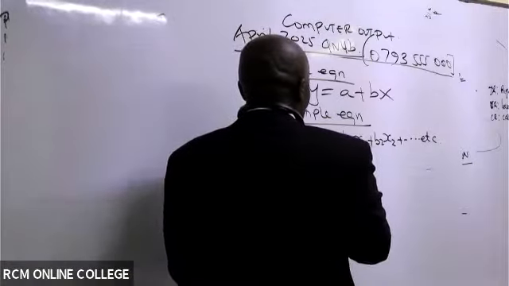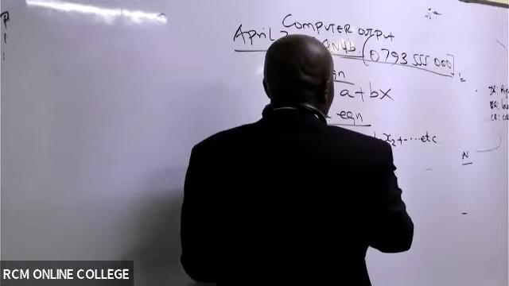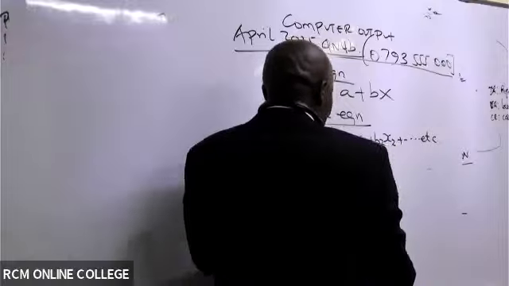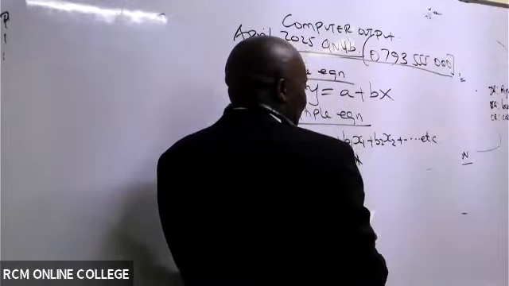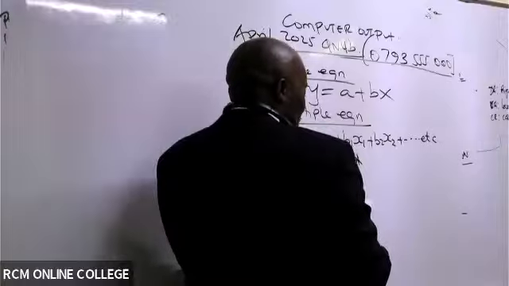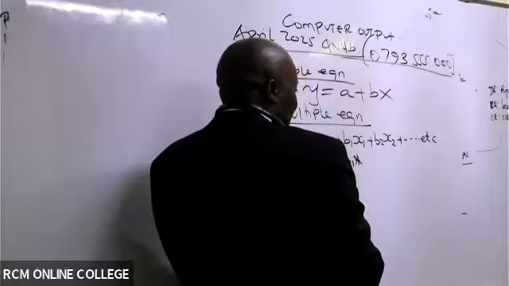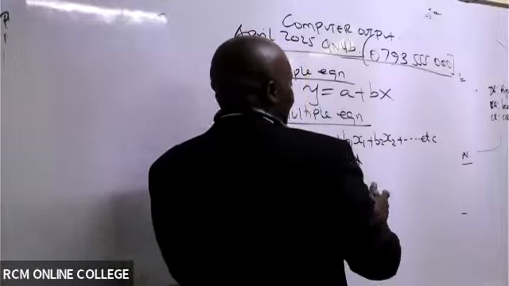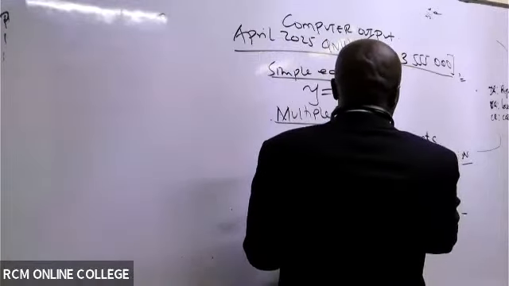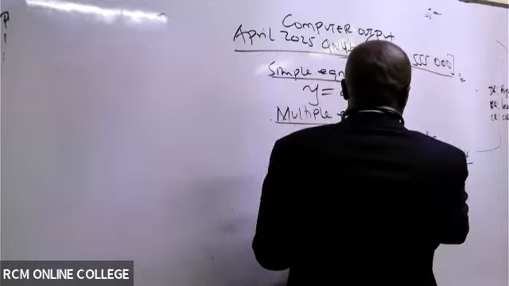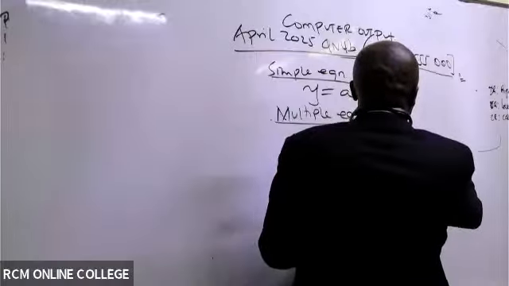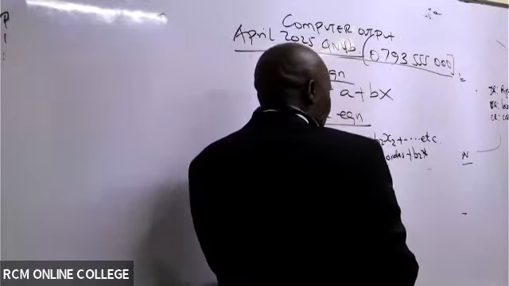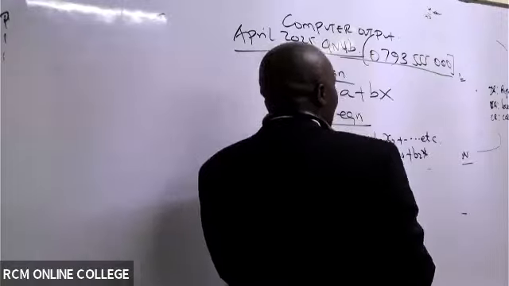I can simply write cost equals A plus B1 times X1, which will be number of orders. They've even told you there, X1 is number of what? Orders. I can just write for revision purposes, number of orders plus B2 times X2, which is number of what? Kilograms.